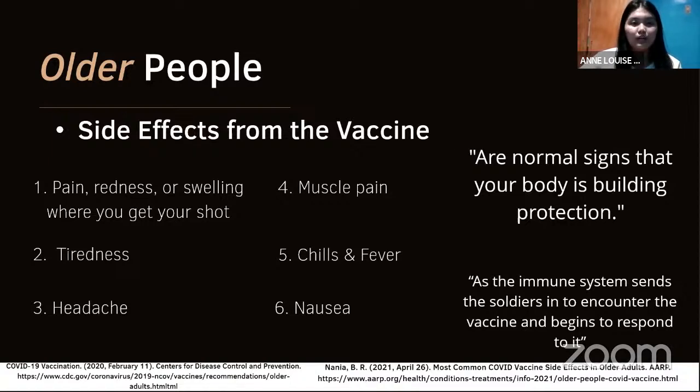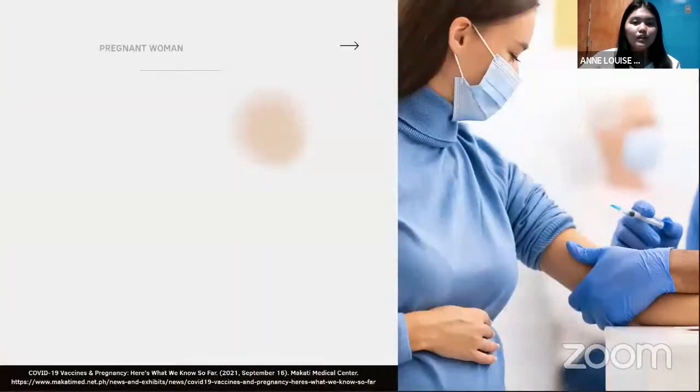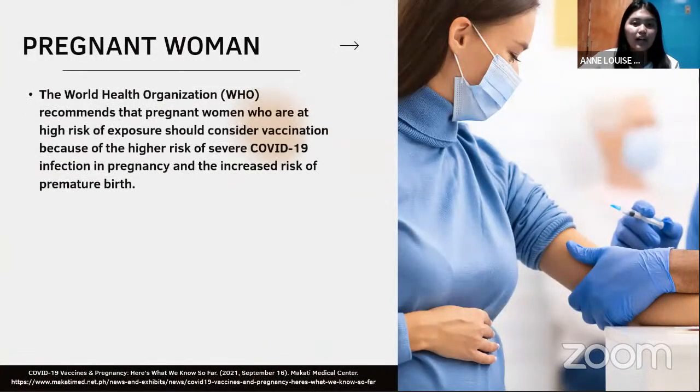Next slide, please. So we will talk about the pregnant women. According to the World Health Organization, it recommends that pregnant women who are at high risk of exposure should consider vaccination because of the higher risk of severe COVID-19 infection in pregnancy and the increased risk of premature birth.